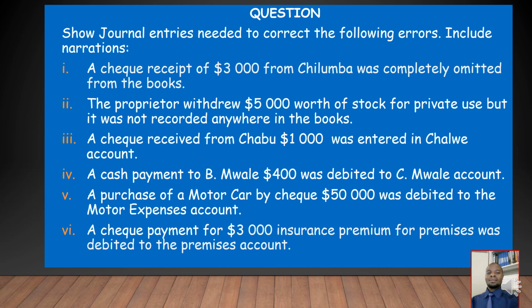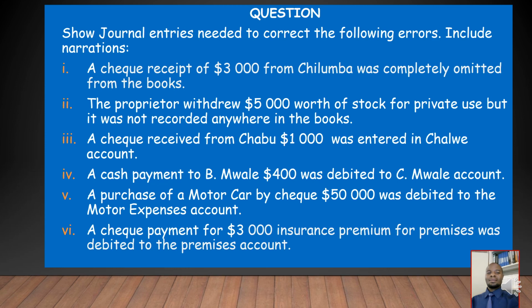It's supposed to increase by $50,000, and therefore we are supposed to debit the motor car account, an asset account, with $50,000. Alas, this was not so. We debited this to the motor expenses account. So instead of debiting this in an asset account, it was debited in the motor expenses account.